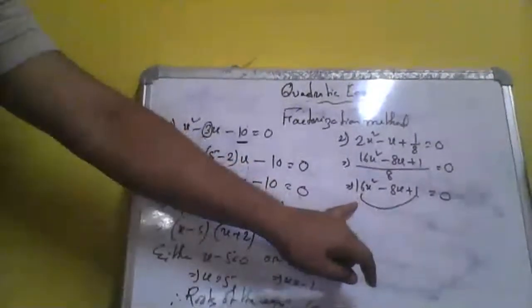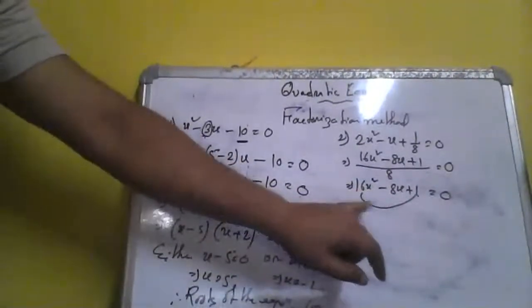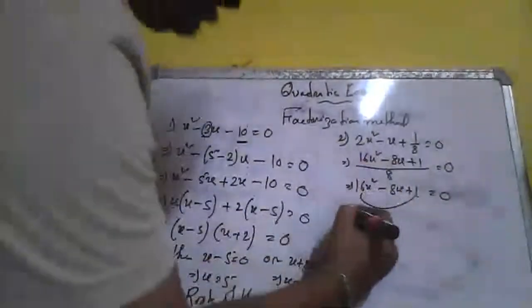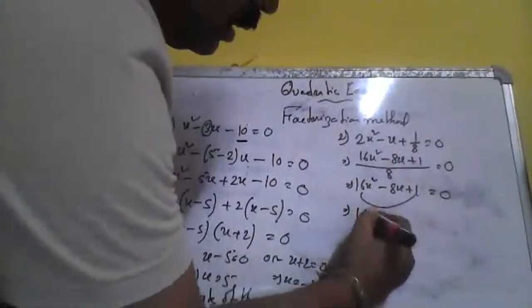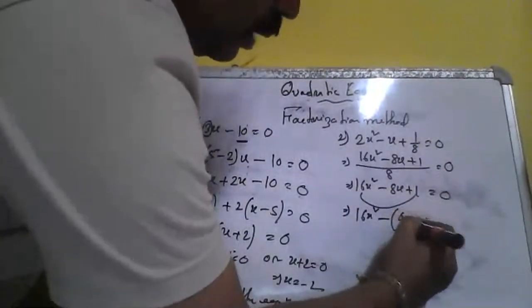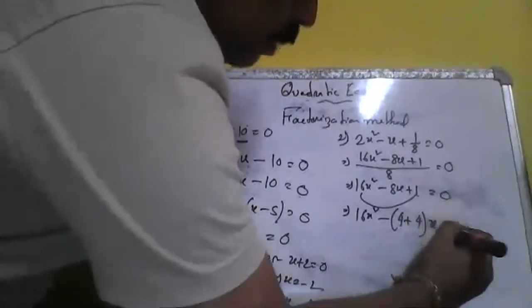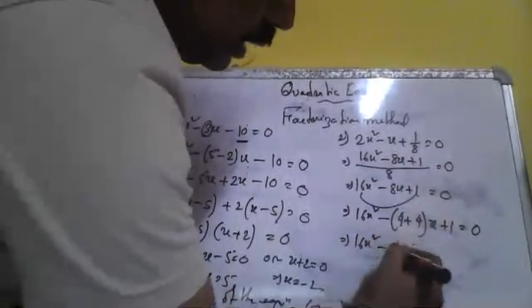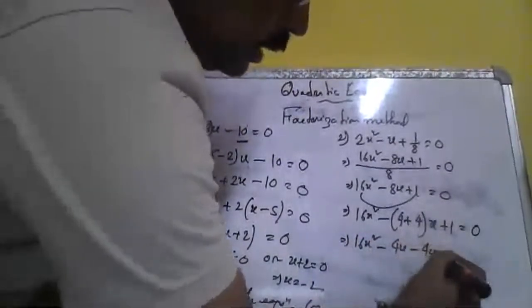These two numbers are, yes, 4 and 4. 4 fours are 16 and 4 plus 4 is 8. And this one is 16x square minus 4x minus 4x plus 1 equal to 0.